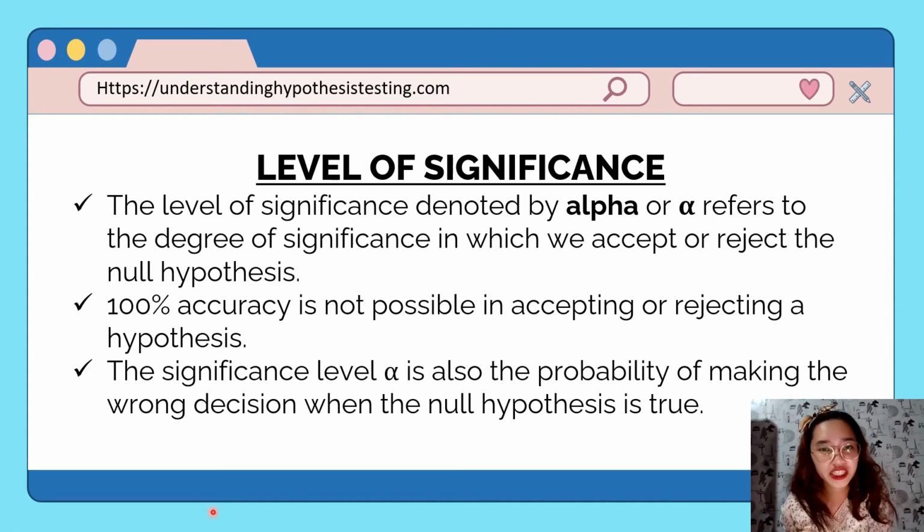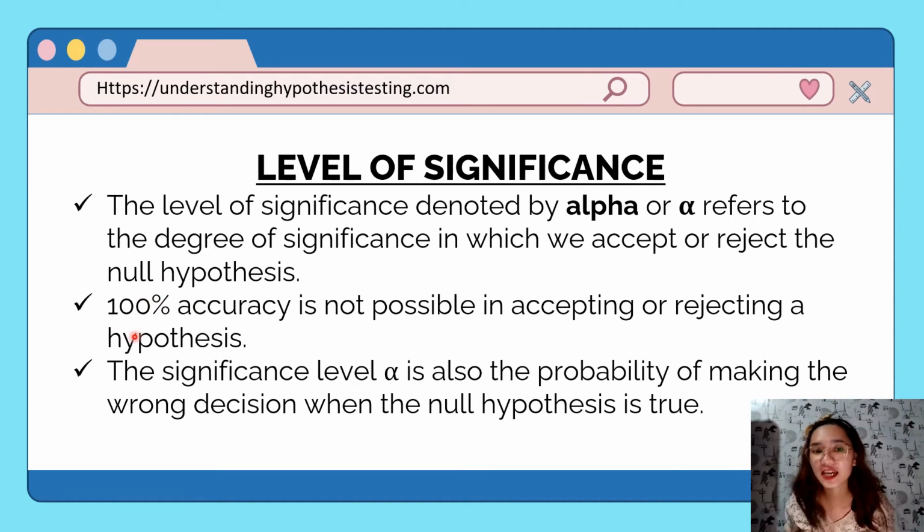Okay? Another key term of hypothesis testing is the level of significance. And so, the level of significance denoted by alpha, ayan po yung symbol, refers to the degree of significance in which we accept or reject the null hypothesis.